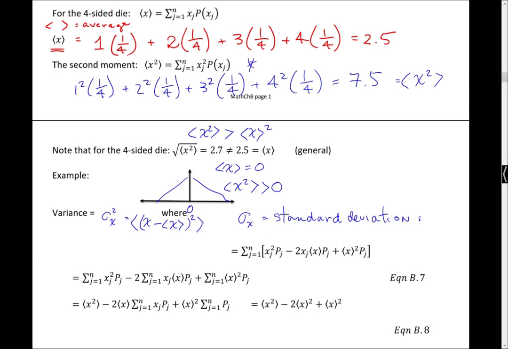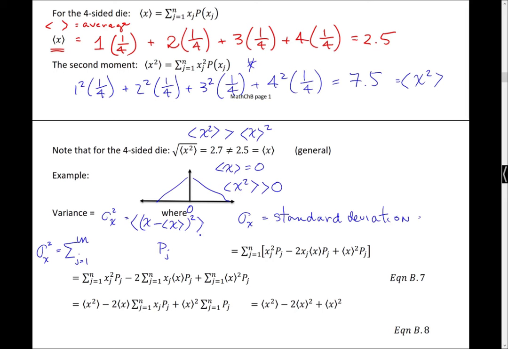So we can say that our variance will be equal to the summation over j equals 1, total number of observations. We've got the probability of an outcome. Rather than saying p of x sub j, I'm simplifying that and just saying that's observation j.